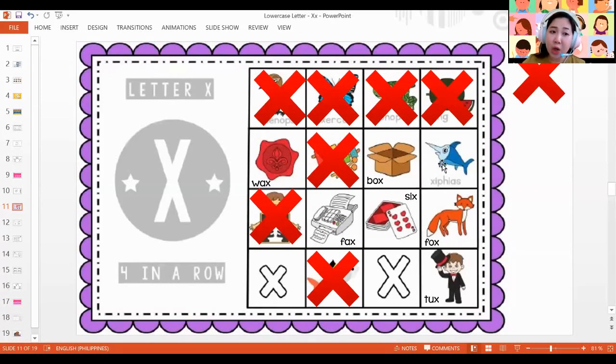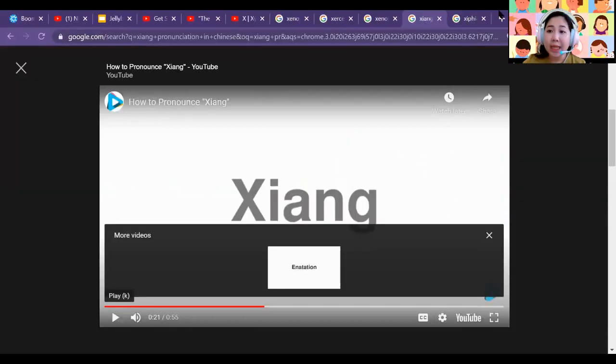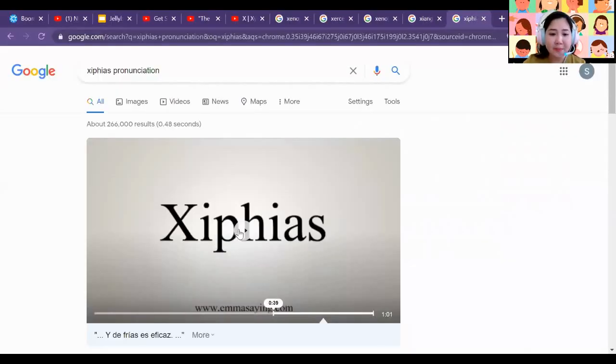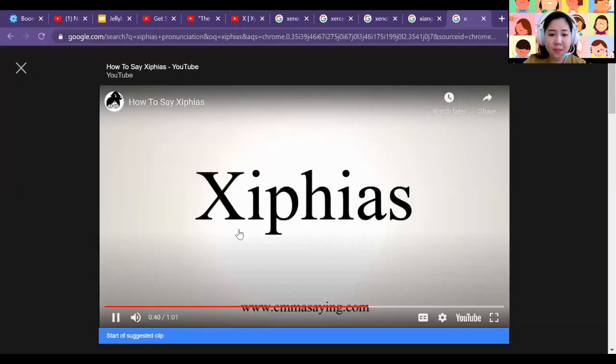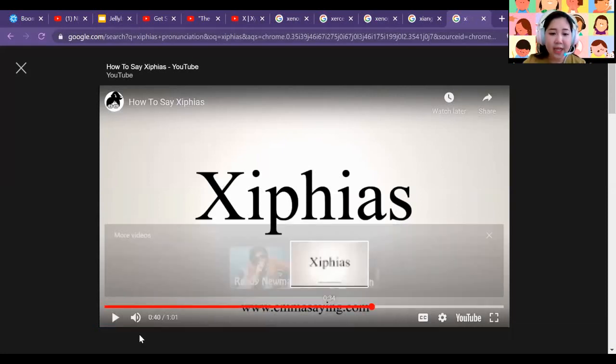So we call this one a swordfish. But then it also has a name that starts with the letter X. So let's listen to how it is pronounced. Xiphias, Xiphias. Let's listen to that one again.